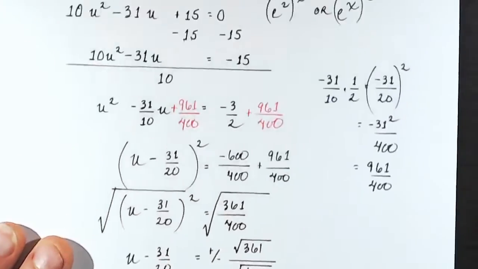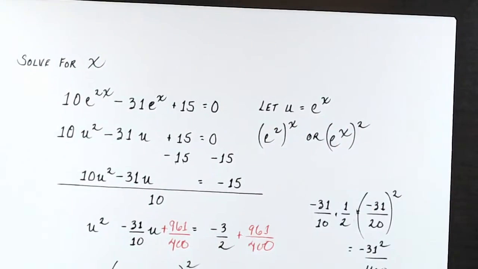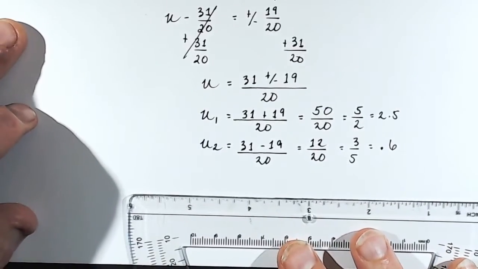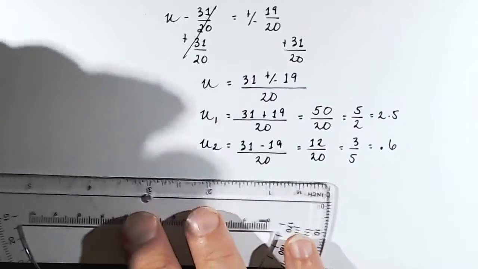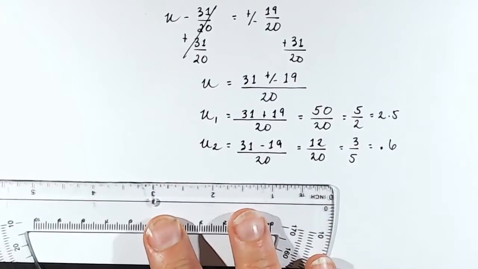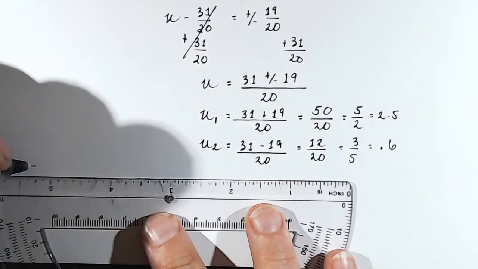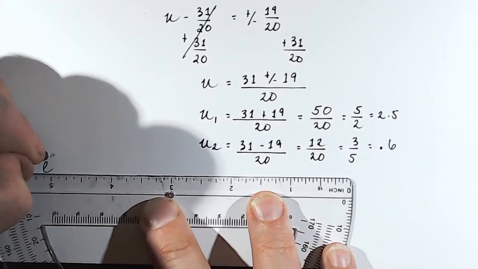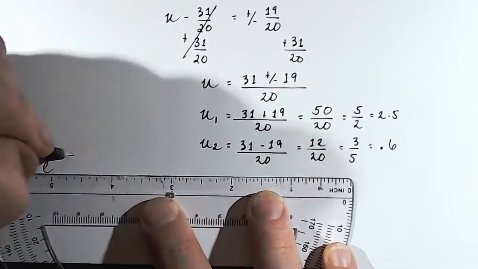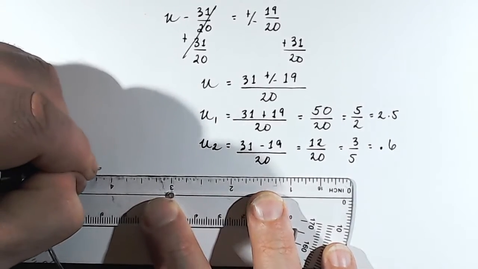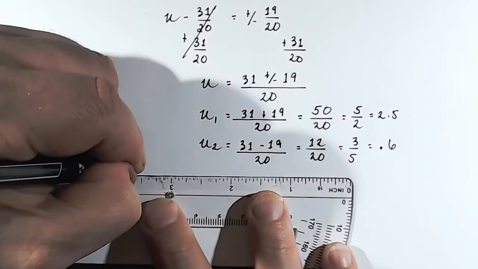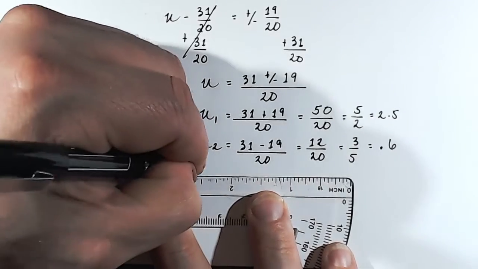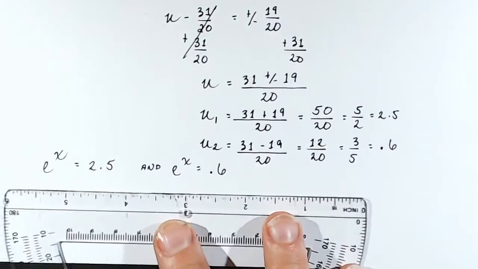Okay, remember we said that u is equal to e raised to the power of x. So now let's evaluate these. I've got e raised to the power of x is equal to 2.5, okay, and e to the power of x is equal to 0.6, okay.